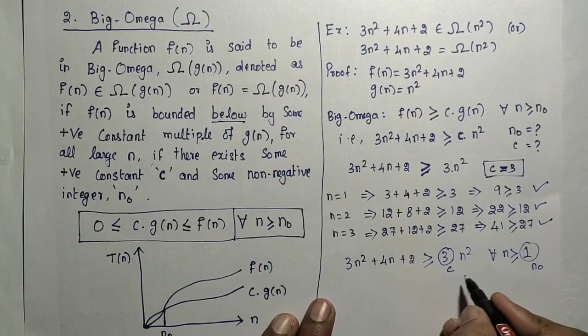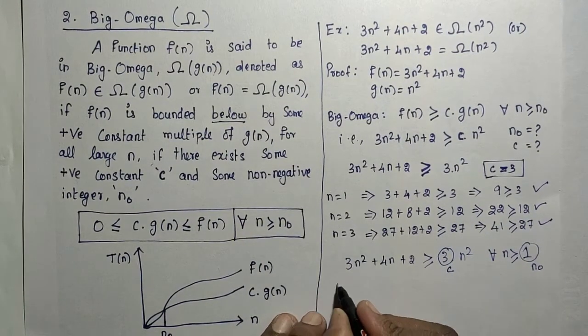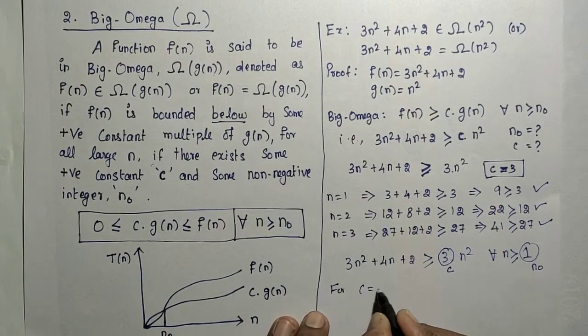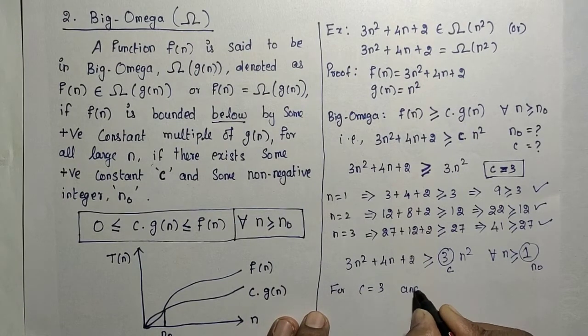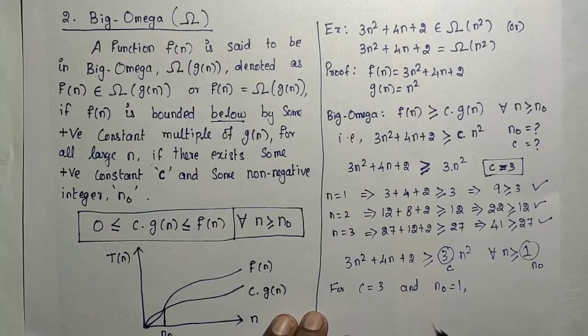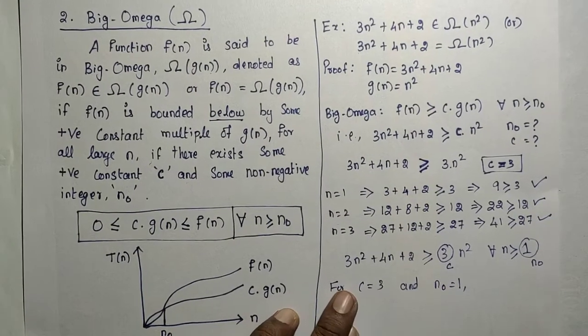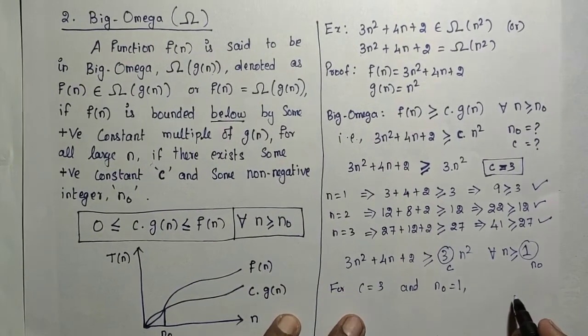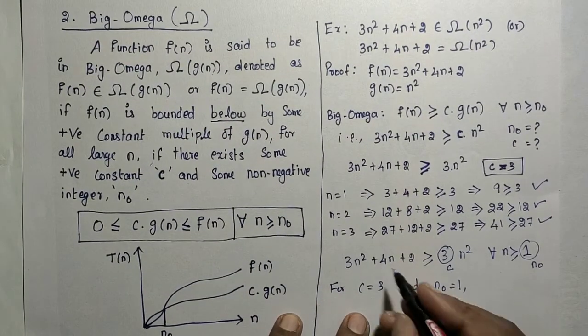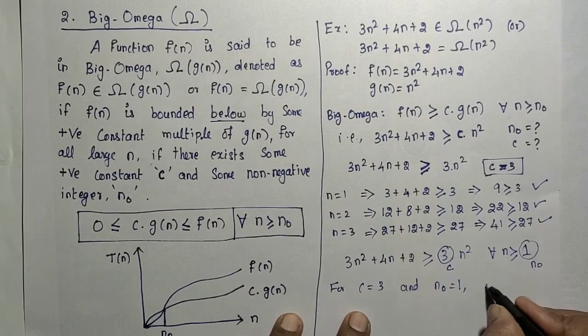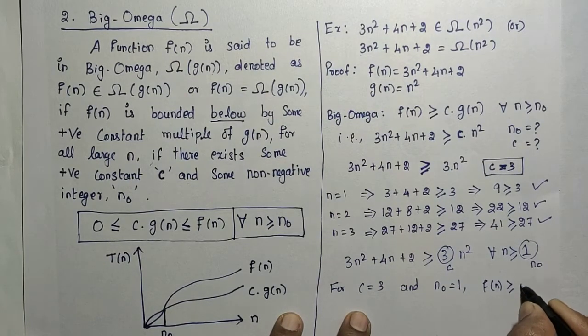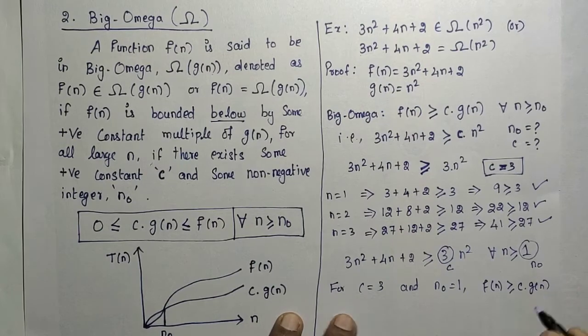So for c equal to 3 and n naught equal to 1, where n naught is the non-negative integer and c is the positive constant, the condition is satisfied. For this n naught value, f of n is greater than or equal to c into g of n.